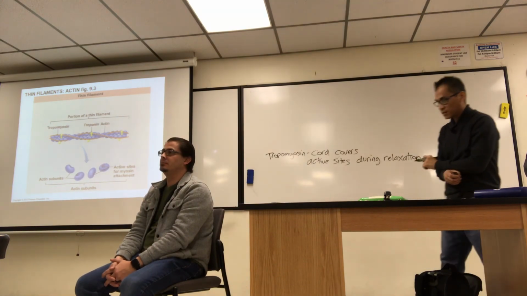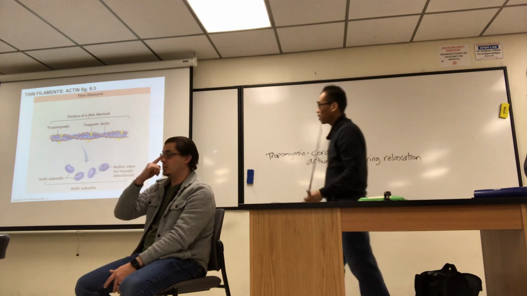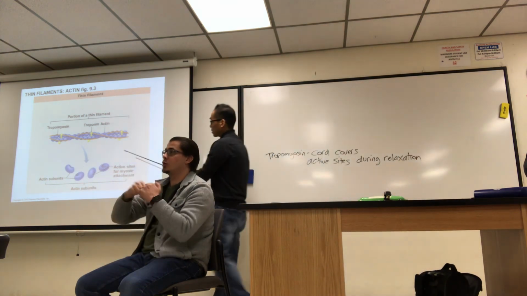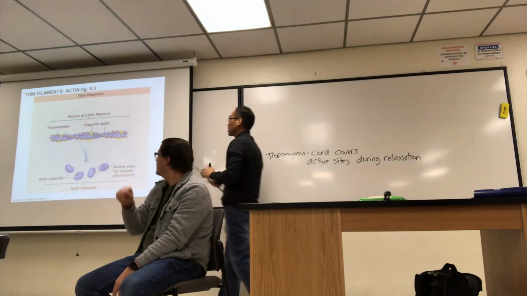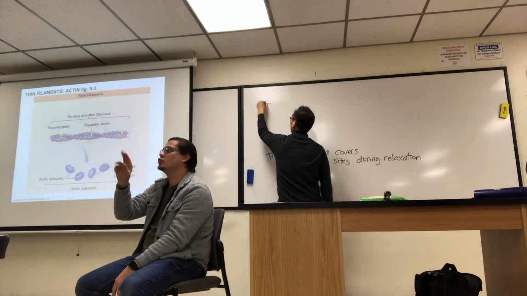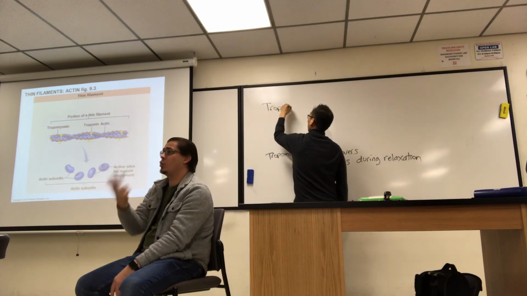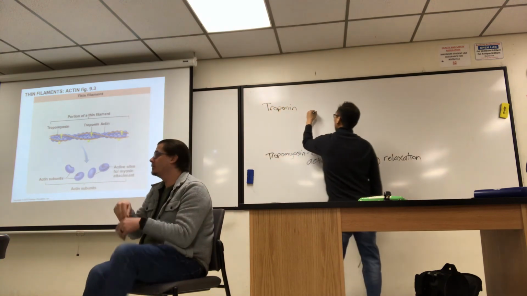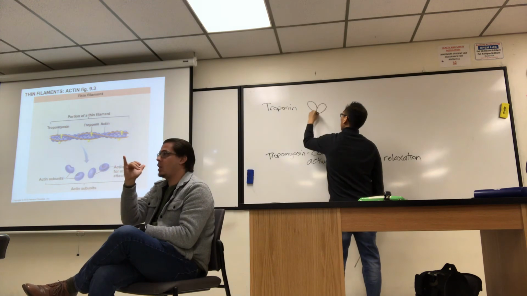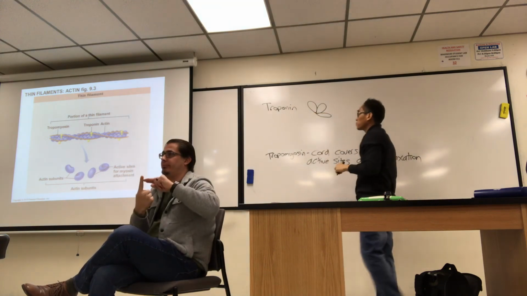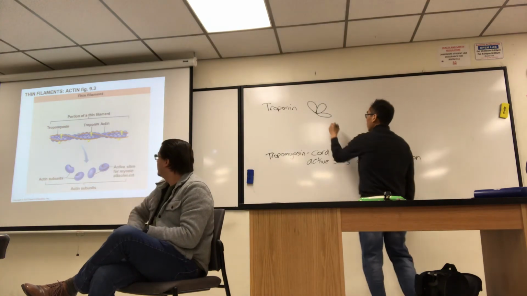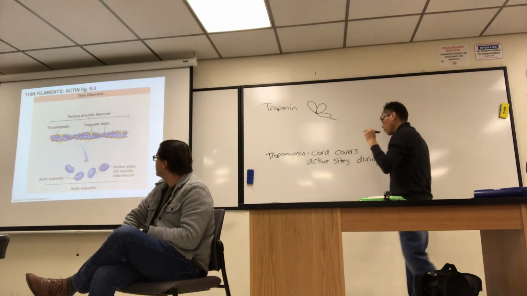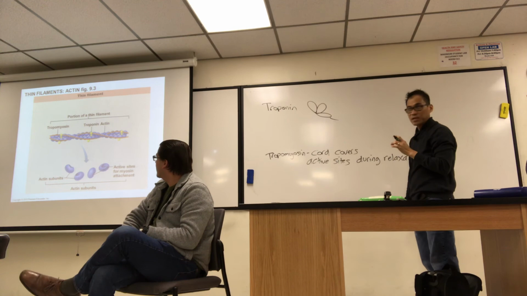The other thing is a triple structure called troponin. This little yellow thing right there. There are 3 subunits within troponin. One subunit will bind the actin subunit.